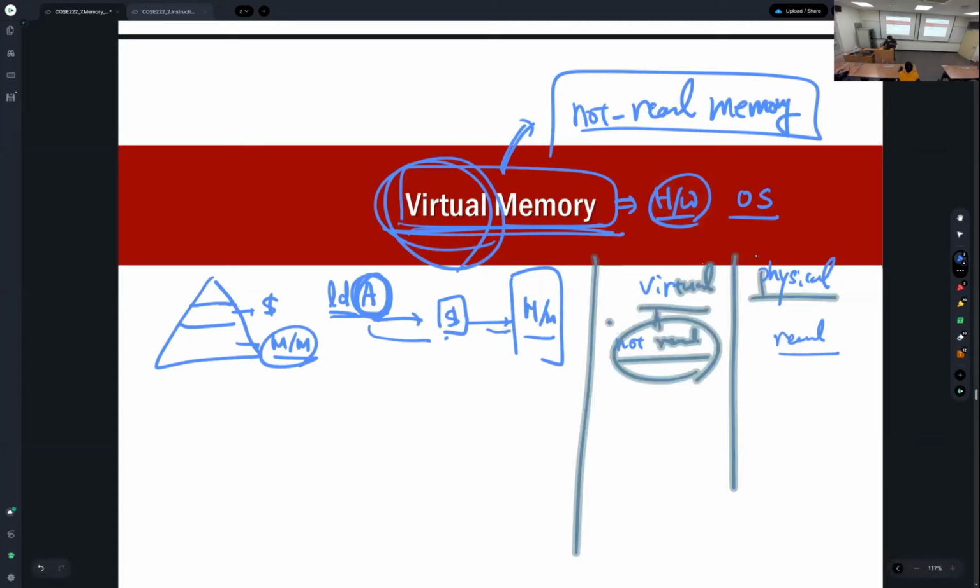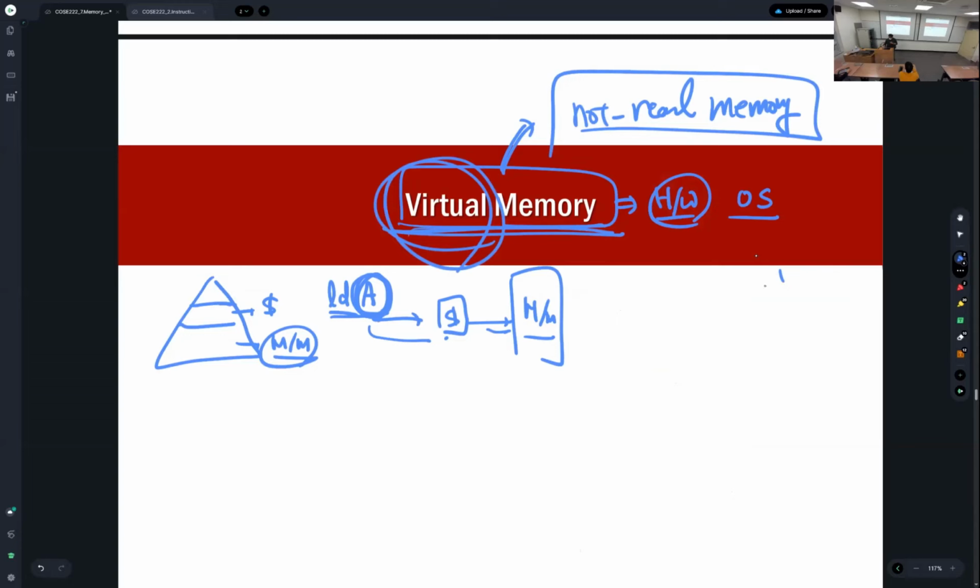This concept may be a little bit tricky because until now we handled the physical world, meaning the real world. We discussed the hardware architecture of the processor, and the hardware architecture of the memory hierarchy, cache.